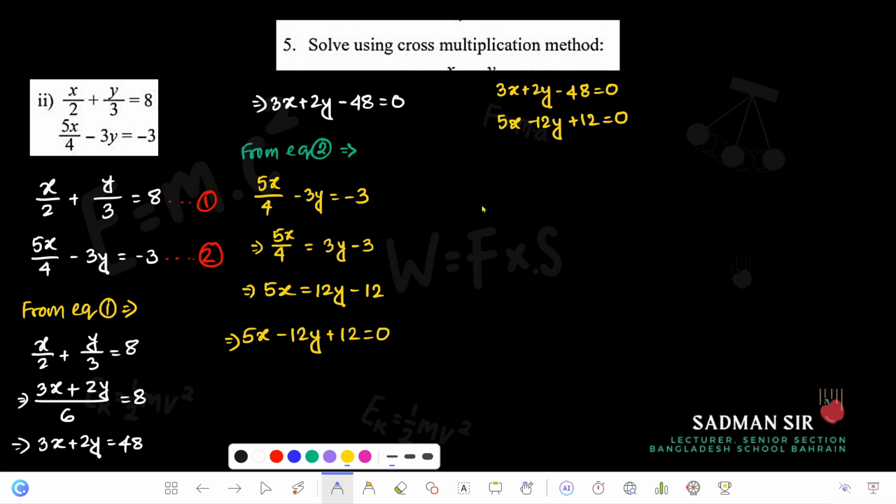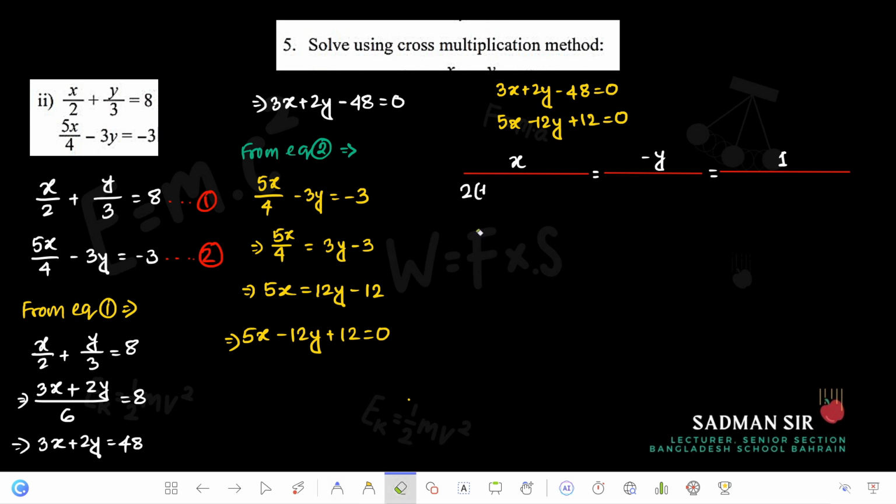And you know that we have to draw three lines, right? We have our three lines here and we have to put equals in between them. We will write x, minus y, 1 in the numerators. While I'm doing the calculation of x, I have to hide x and I multiply 2 with 12. 2 into 12 minus 12 into minus 48.